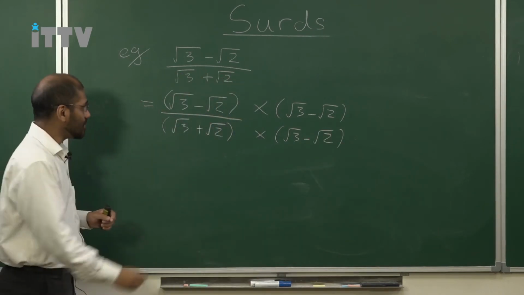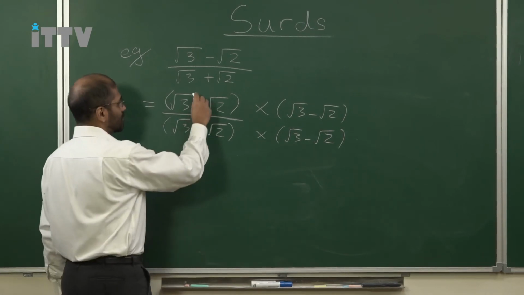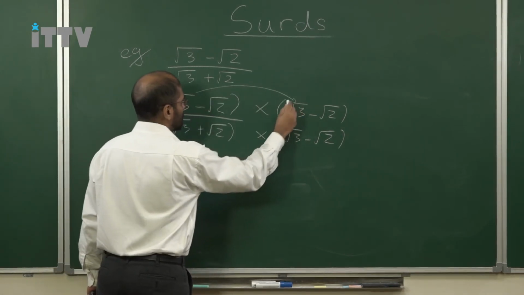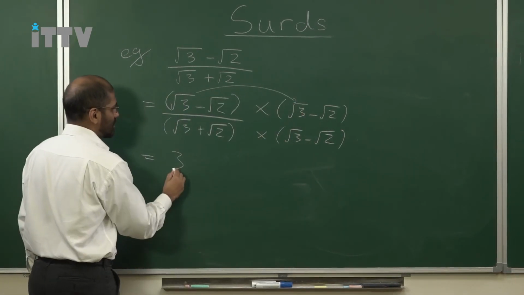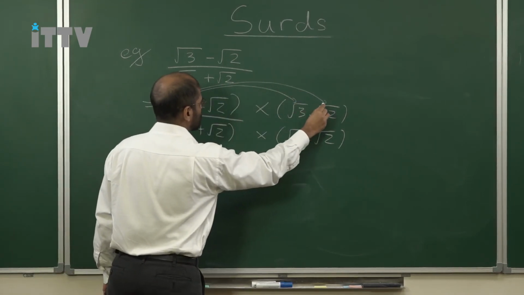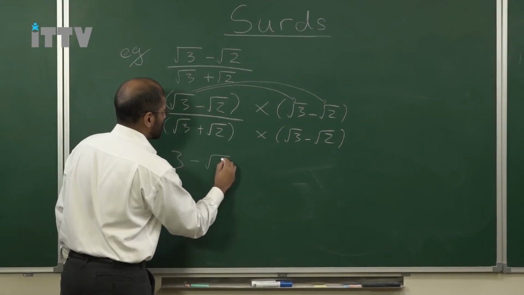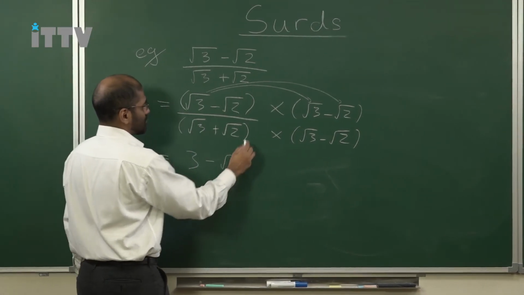Now expanding like two quadratic brackets would give us surd 3 into surd 3 gives us 3. Surd 3 times surd 2 would give us minus surd 6.